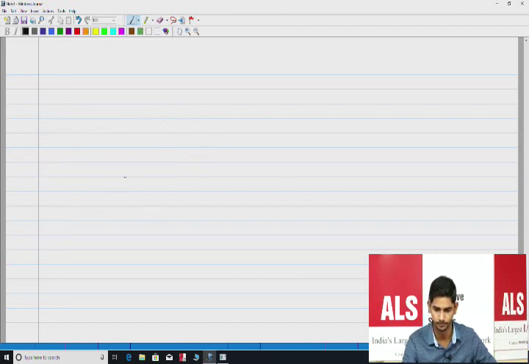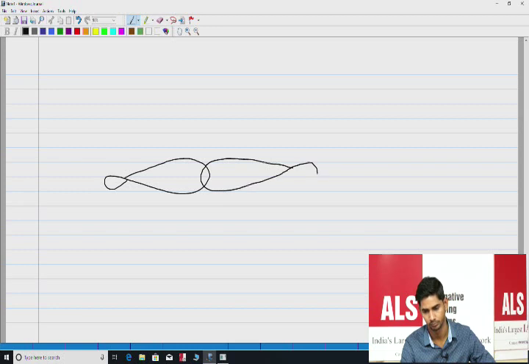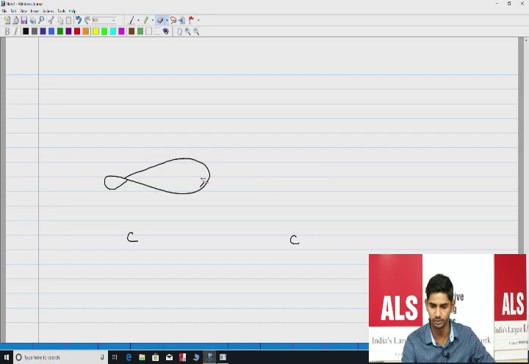Look at this. See, carbon, carbon. Overlapping region, I need not overlap this one. I need not shade that.